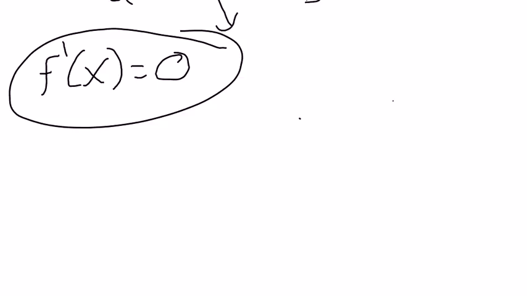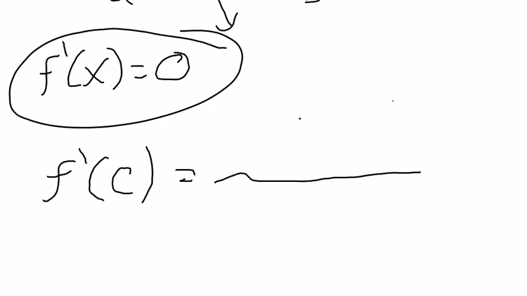What you do next, once you've found those critical points, is define the actual value of that maximum or minimum. You're going to take those critical points c and plug them into the function to give you some number.